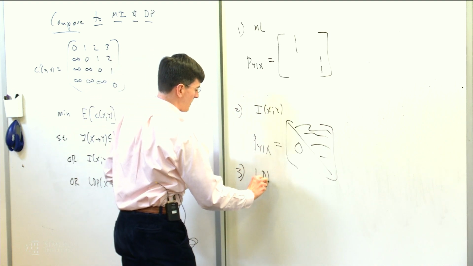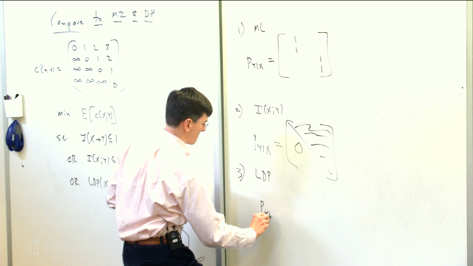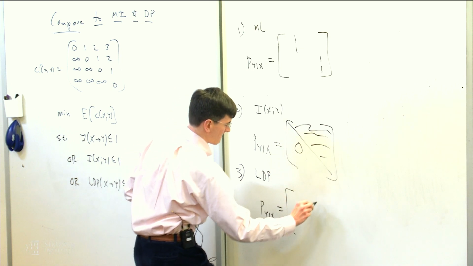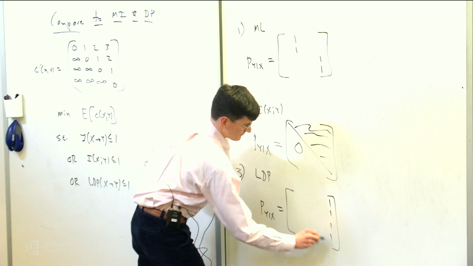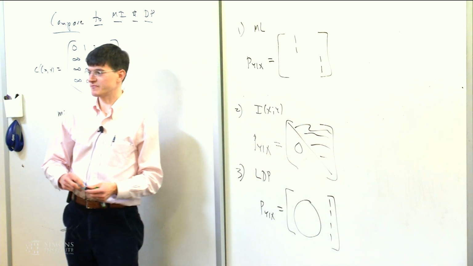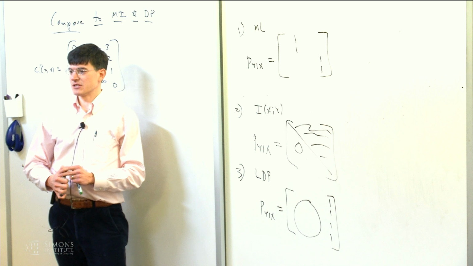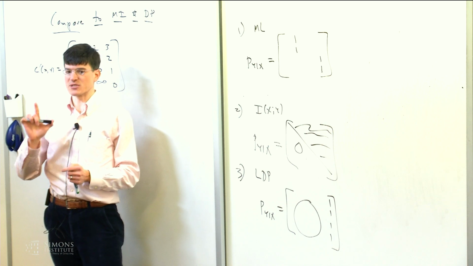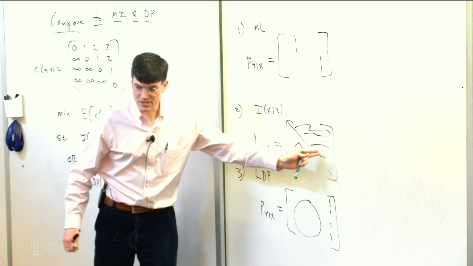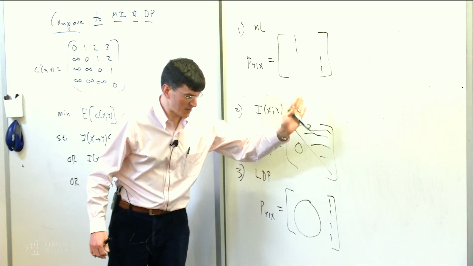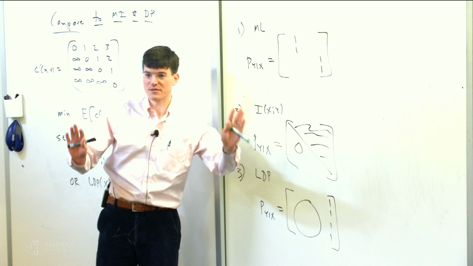Local differential privacy. For local differential privacy, there exists one mechanism that gives you finite cost and finite leakage. And it's just wait, delay everything until the worst case time, and then release.